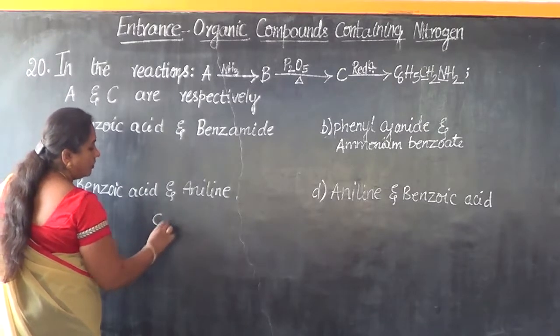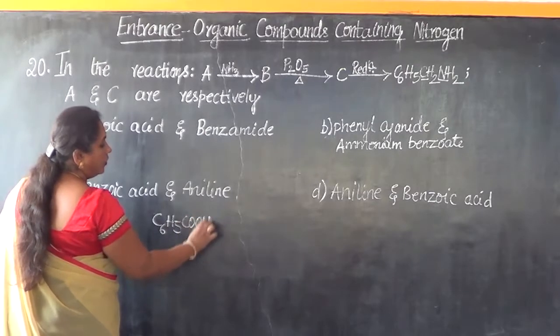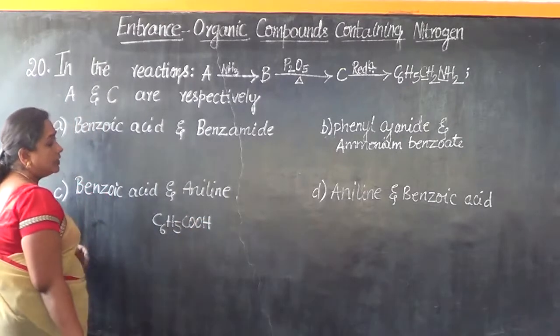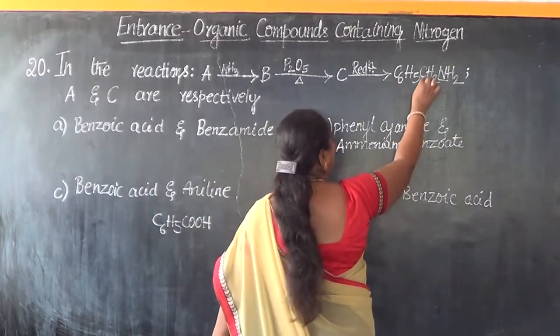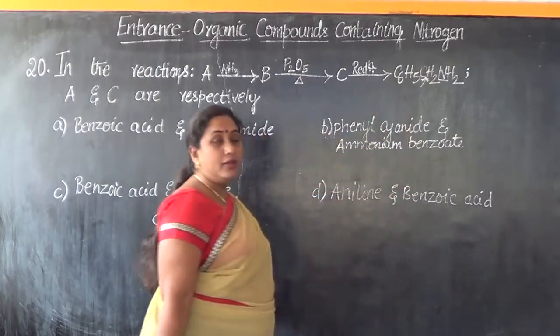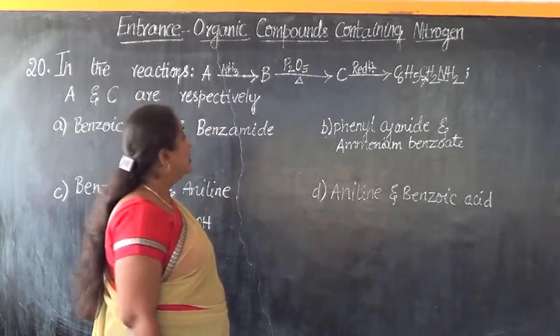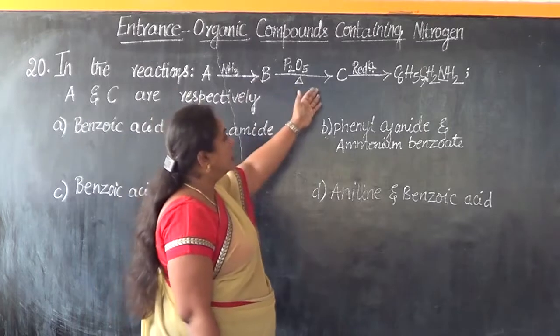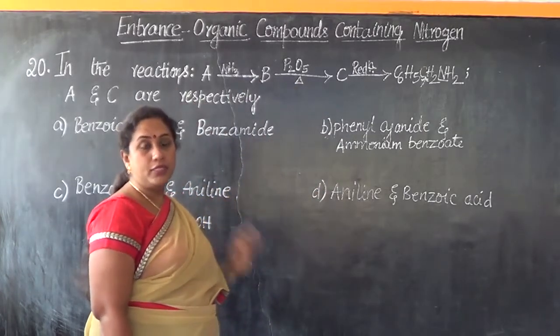So what's the formula of benzoic acid? C6H5COOH. That's the benzoic acid because in the product that we are getting, there is a carbon in the side chain. That is also a clue for you. So if it is containing a carbon in the side chain, in the entire process, we have not carried out any reaction for ascent of series.